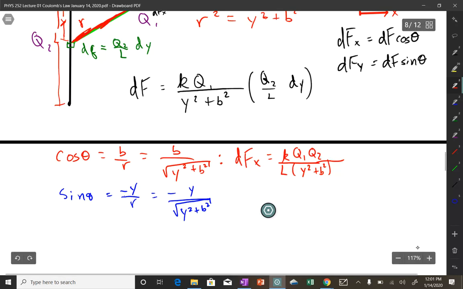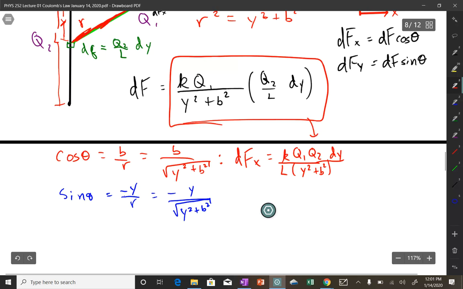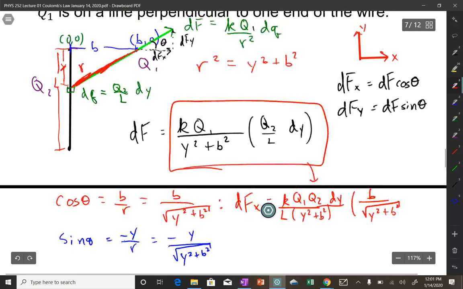So this stuff here is without the cosine. Right, that's this right here. Okay, yes, I just combined, I took away the parenthesis. But then I have to multiply this by b over the square root of y squared plus b squared.